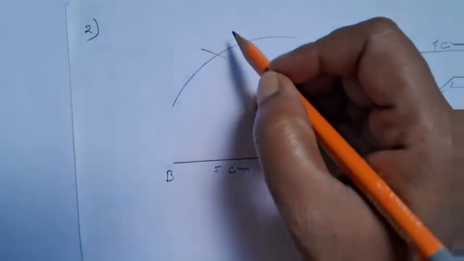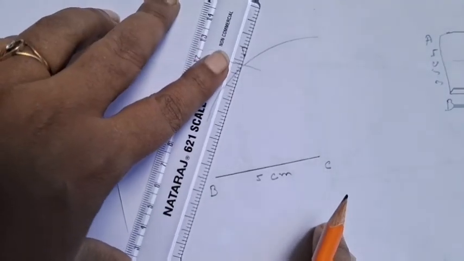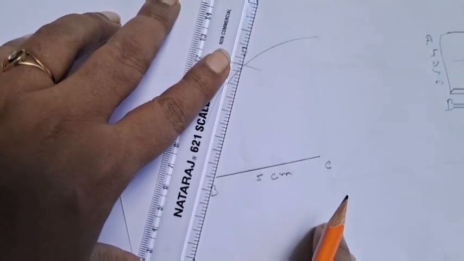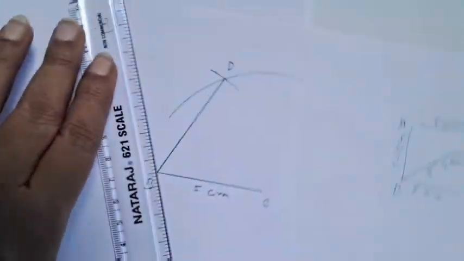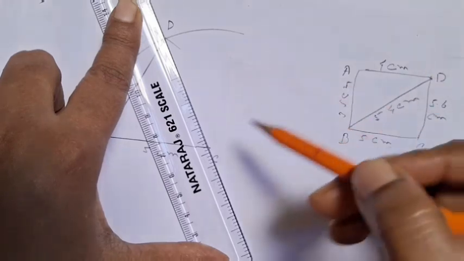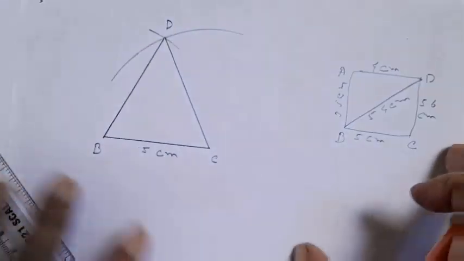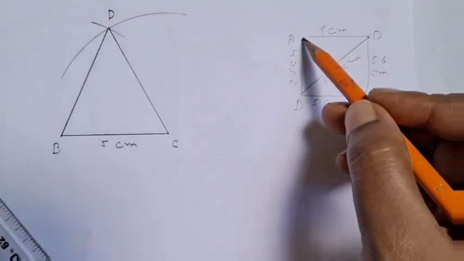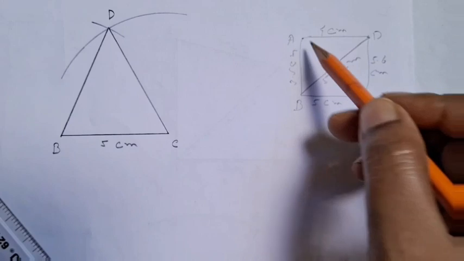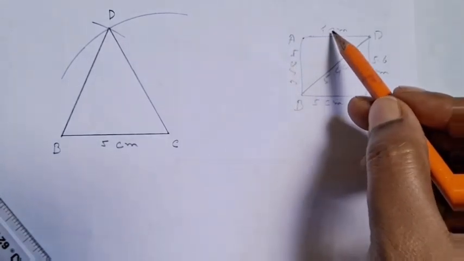This point is D. Now I join BD and CD. And now I have to draw the point A. Point A is 3.5 centimeter away from B and 4 centimeter away from D.